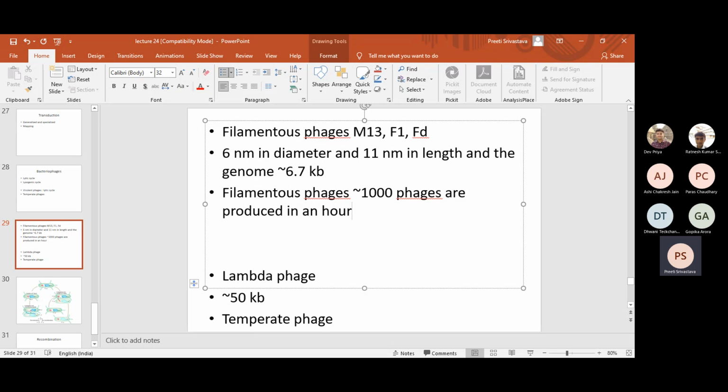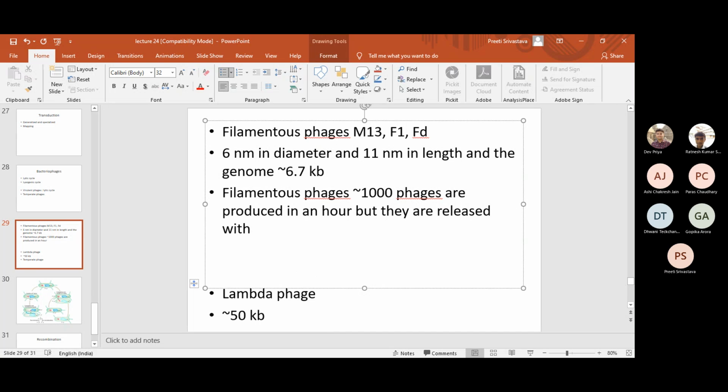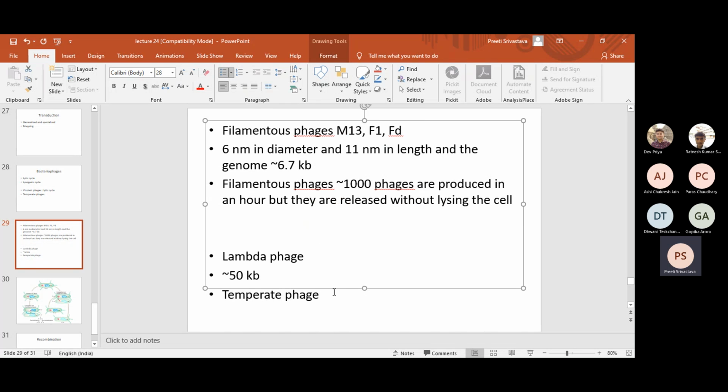Approximately 1000 phages are produced in an hour, but they are released without lysing the cell. What you see is regions of reduced growth in the case of filamentous phages, because the cell's growth will be reduced, but the cells will not be lysed.